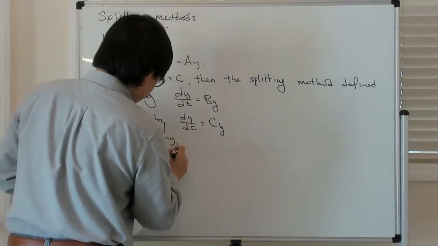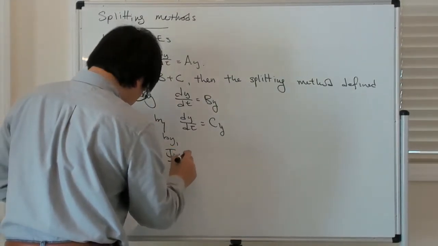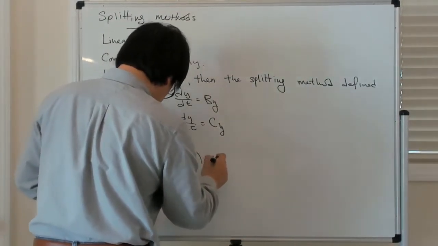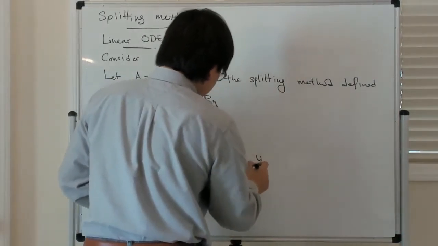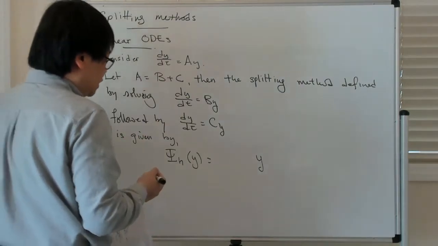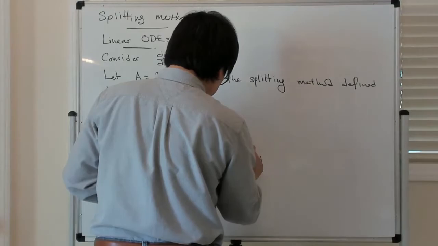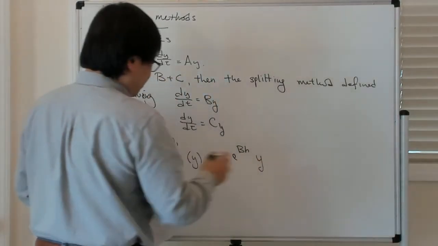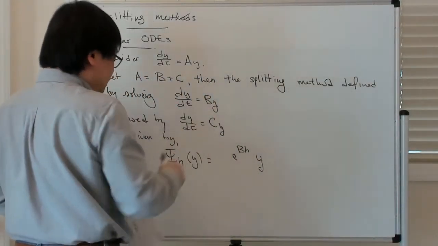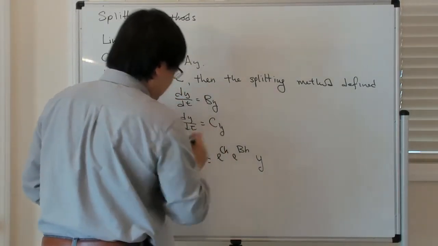Okay, so the numerical method is psi h of y. Okay, so the exact solution of this, if a linear system, is just the exponential. Right? So it's e to the Bh, okay, applied to y, and then when you apply the second flow, it's e to the Ch.